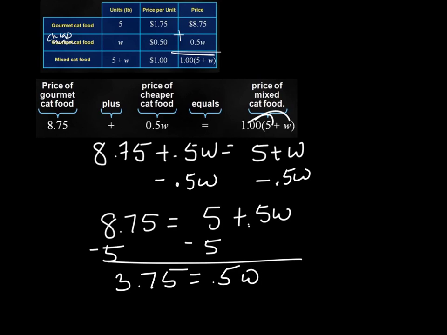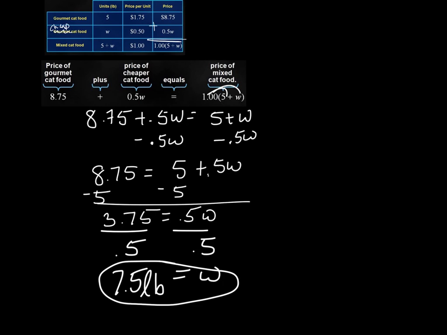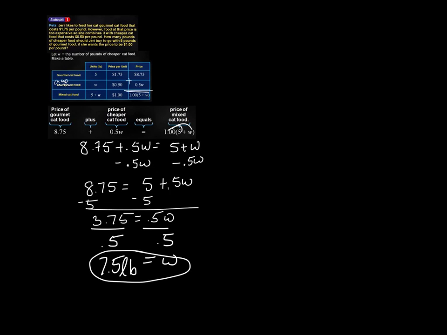And finally, to get W by itself, divide both sides by 0.5, and I get 7.5, and my units were pounds. It's always best practice to reread the original problem. They wanted us to find how many pounds of cheaper food Jerry should buy. Oh, there it is, 7.5 pounds. We're done.